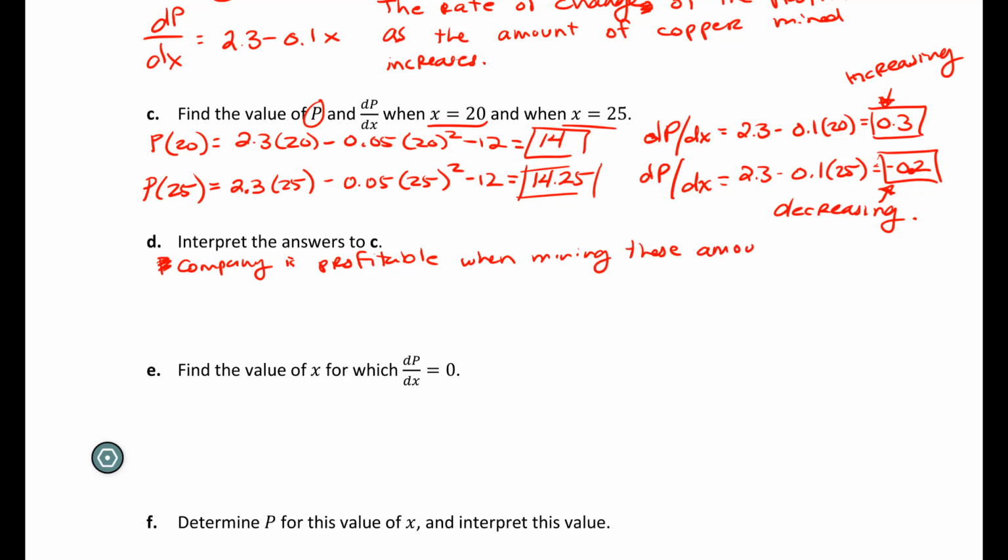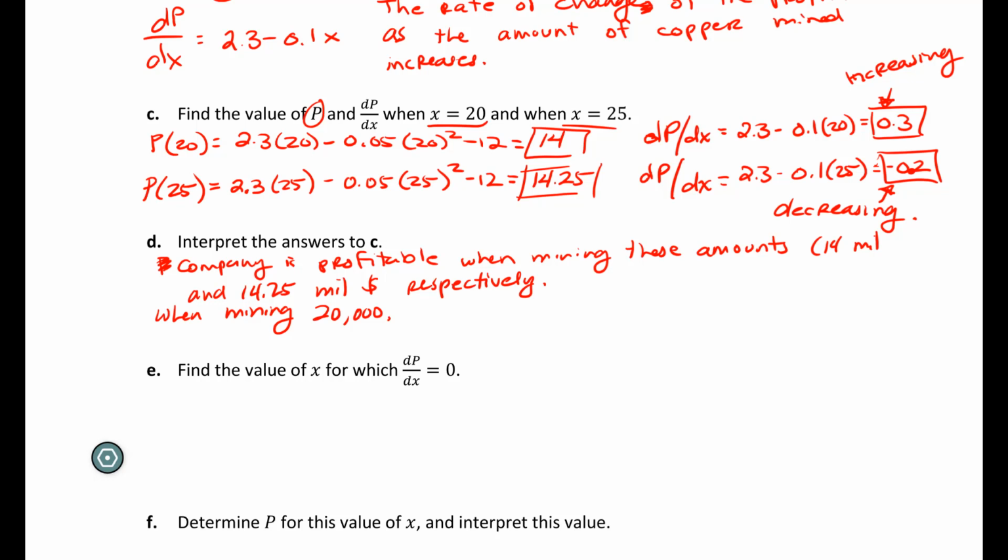So we say the company is profitable when mining these amounts, 14 million and 14.25 million dollars respectively is their profit. And we can say also that when mining 20,000 tons, this is where we plugged in 20 into the dP over dx, we had an increasing rate of change.